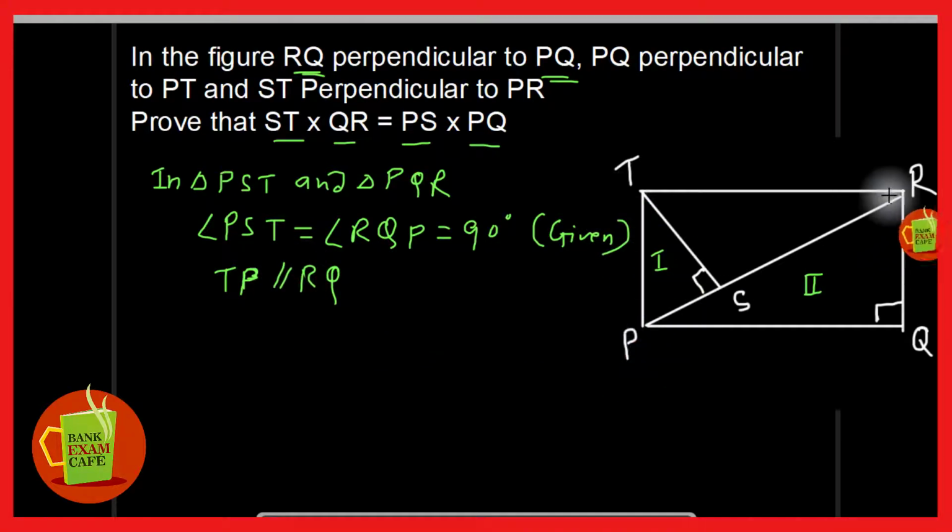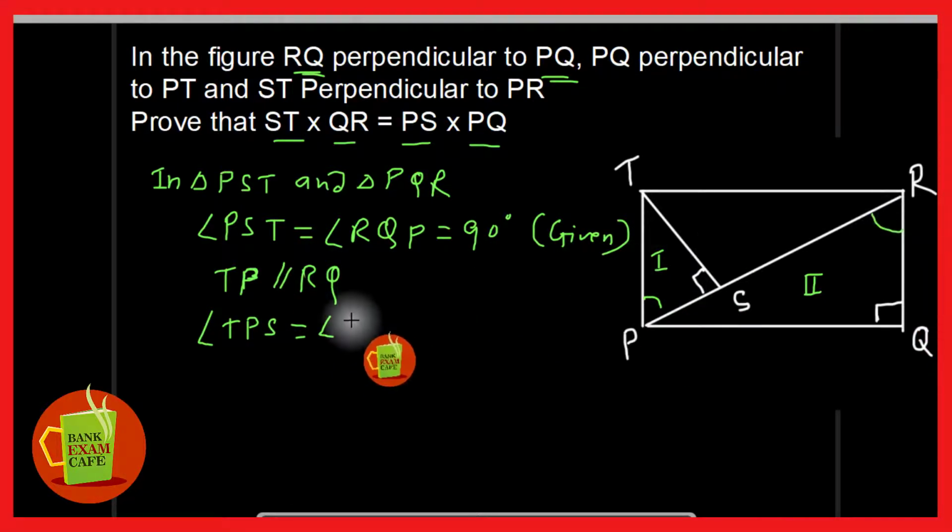So these two are parallel and therefore in this triangle, this is an angle and this is another angle. These two are alternate interior angles because these two lines are parallel and this will be a transversal, so it forms a Z shape. Alternate interior angles are equal. So angle TPS is equal to angle PRQ.